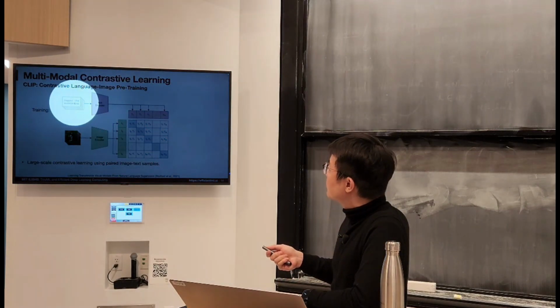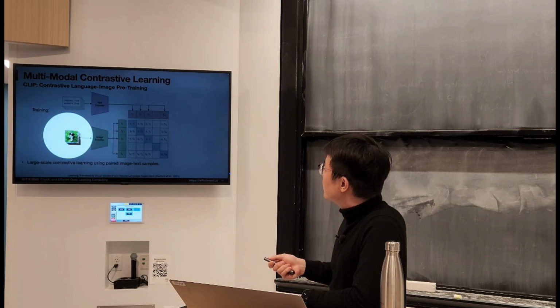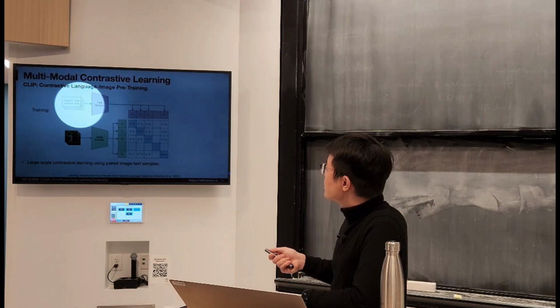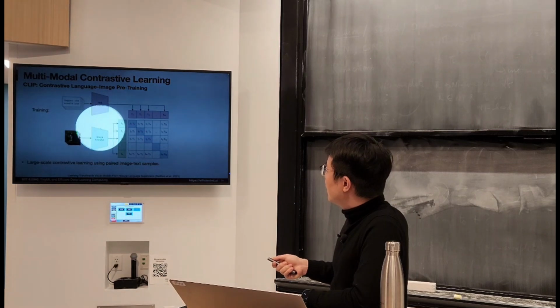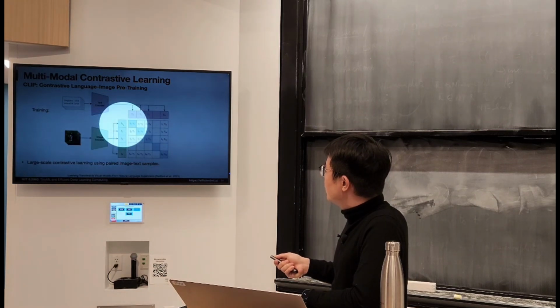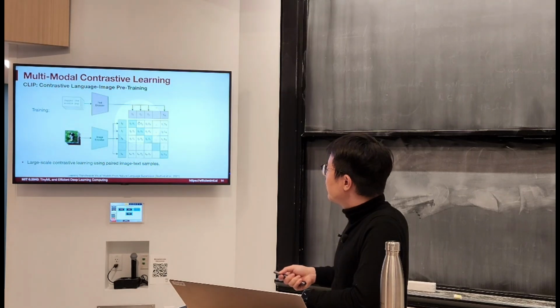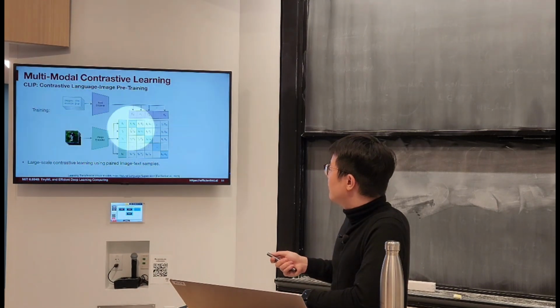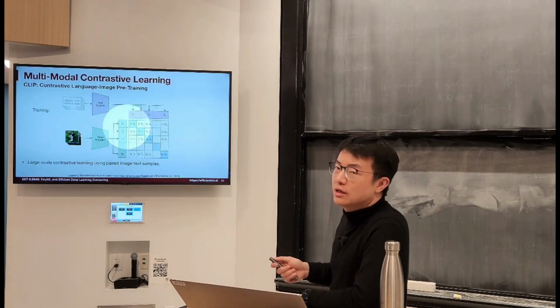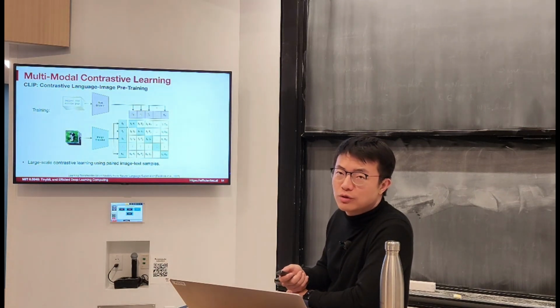During the training time, we have a piece of language and we have an image. Now we pass the language into a text encoder and get an embedding, and we also pass the image through the image encoder and get an image embedding. Then different images and different texts can form a similarity map.